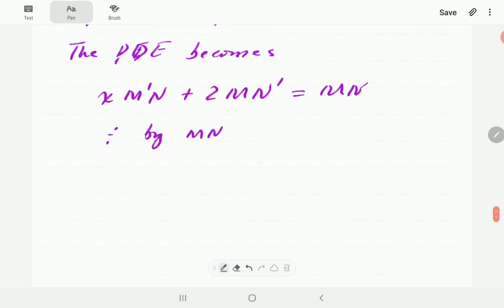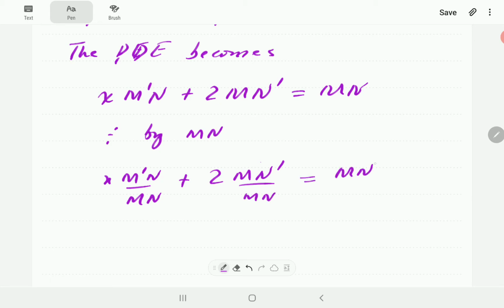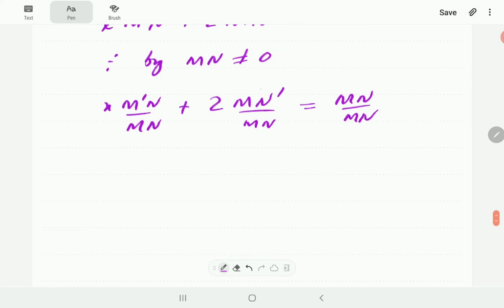So when we do that, the first term is x m prime n over mn, plus 2 times mn prime, is equal to mn over mn. Remember, mn cannot be equal to 0. The first one simplifies to m prime over m. This one is going to be 2 times n prime over n, and this one is equal to 1.